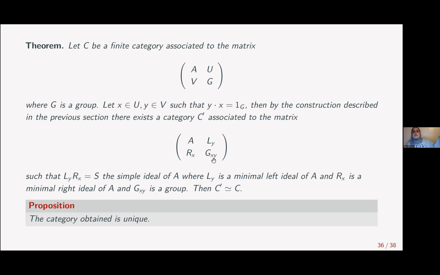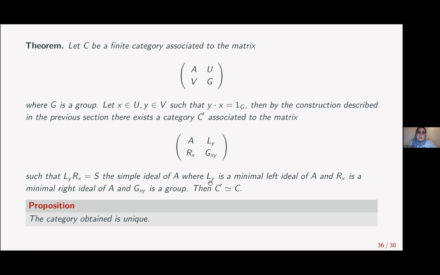And this is all in the section where we start with a monoid to a category but this time I constructed the left minimal ideals and the right minimal ideals out of U and V. And I know that the multiplication of L and R is S, the simple ideal of A. And this is the group GXY.